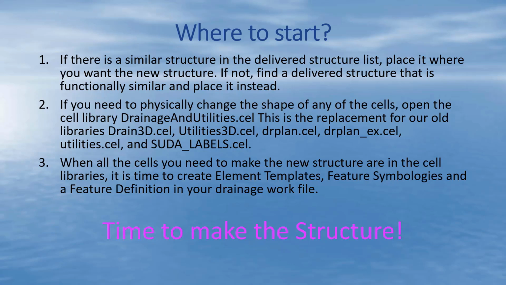This is not the only way to do it, but this is one of the more easily followed paths. If there is a similar structure in the delivered structure list, place it where you want the new custom structure to be.